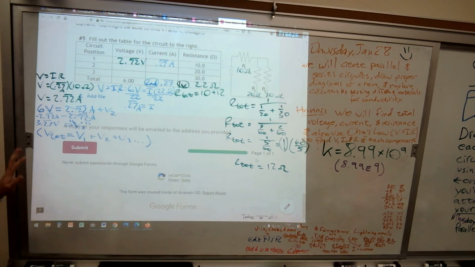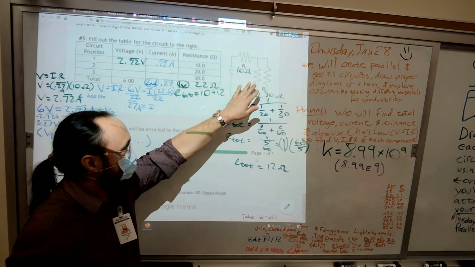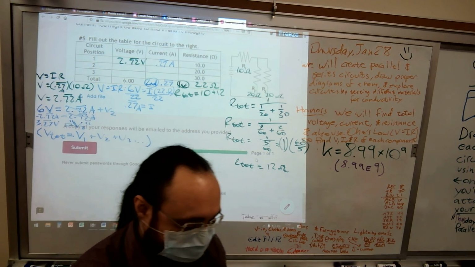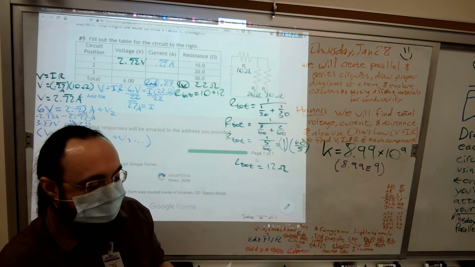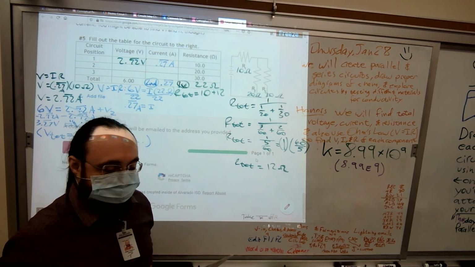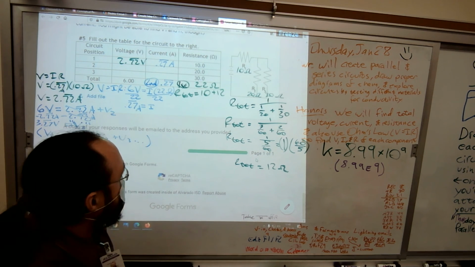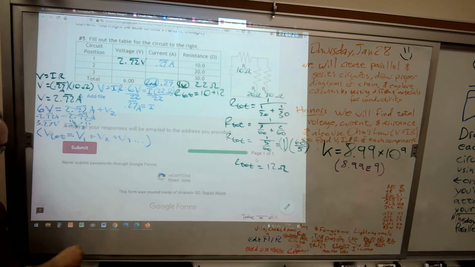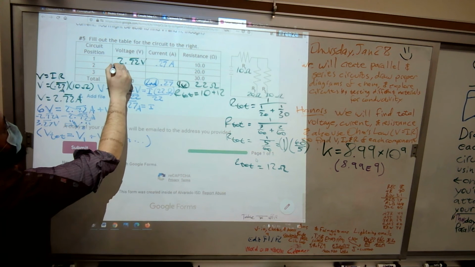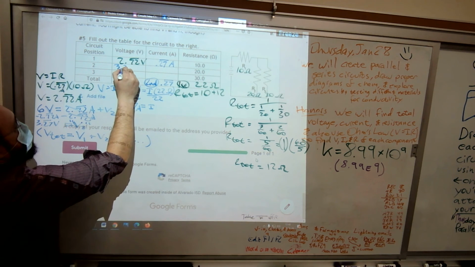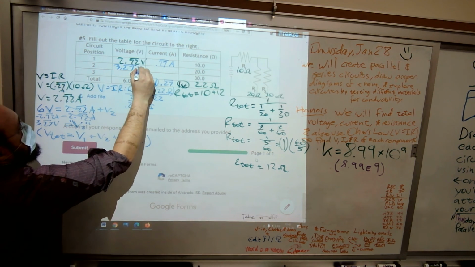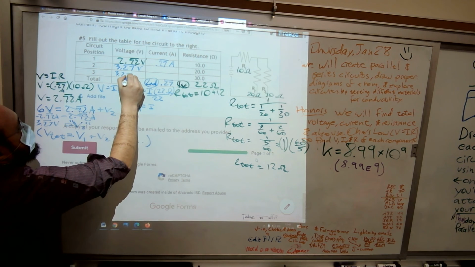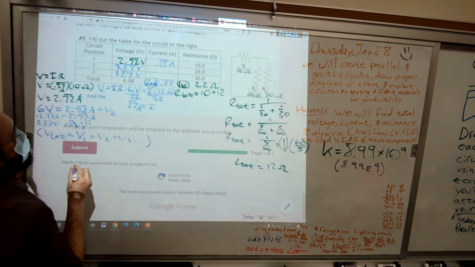Now that we know the total voltage for parallel, let's go look at the rules for parallel. And it turns out they're going to help us out because it says voltage is the same anywhere in a parallel circuit. So if the total is 3.27, that means that these other boxes will be 3.27. So here we go. 3.27 volts. 3.27 volts. Cool.